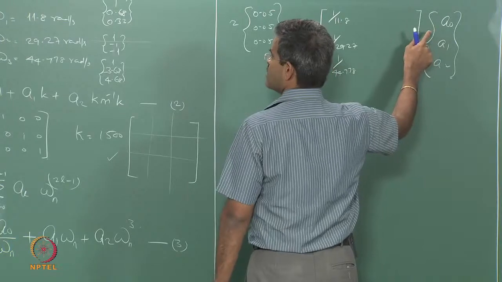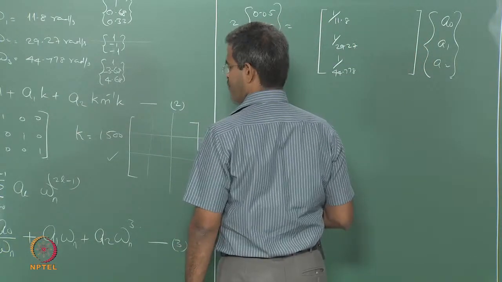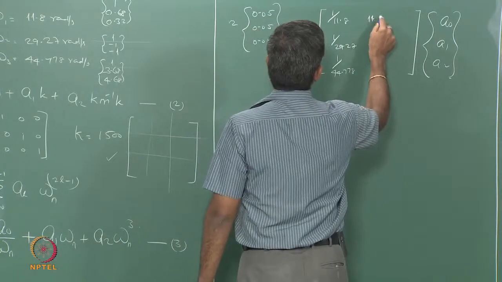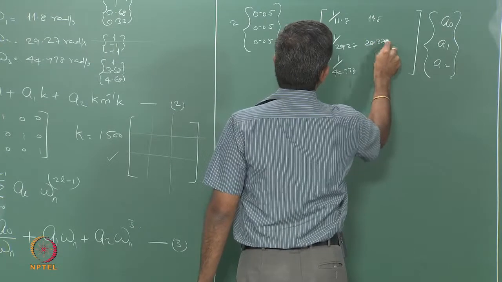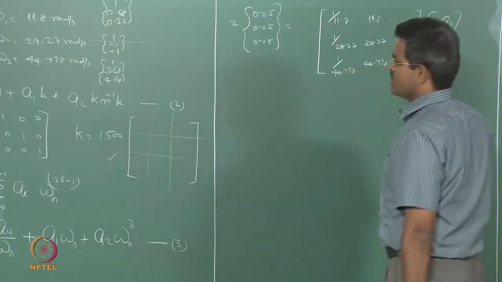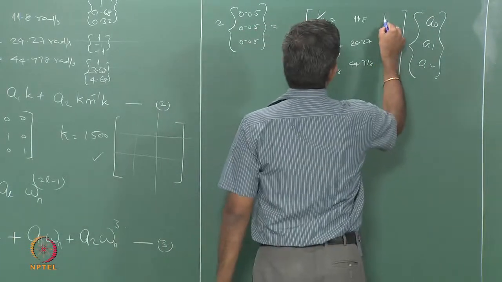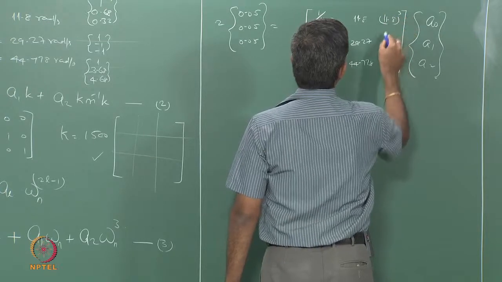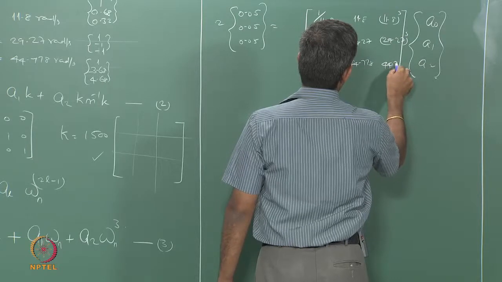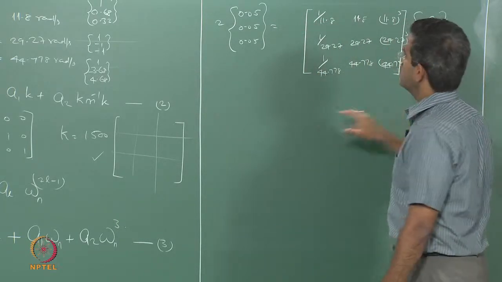So, A0, and then A1 omega n: 11.8, 29.27, 44.778. The third one could be A2 omega n cube. So, 11.8 cube, 29.27 cube, 44.778 cube. So, let us read one row, or let us say one value.